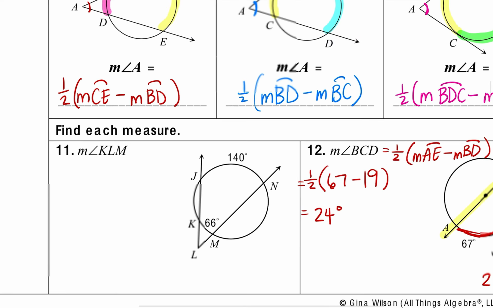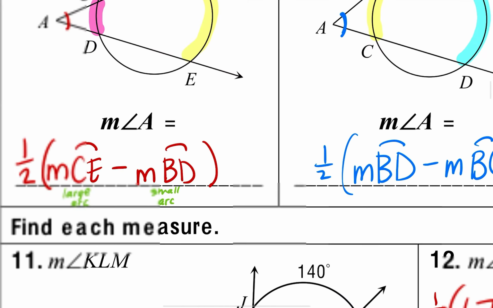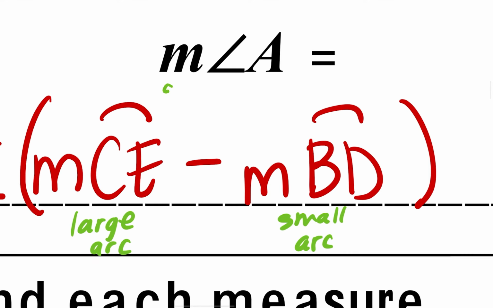Okay. And you know what? Let's go ahead and write that in here too. Like, this is large arc minus small arc. And angle A is the angle of intersection, because it's very specific what these pieces are, right?